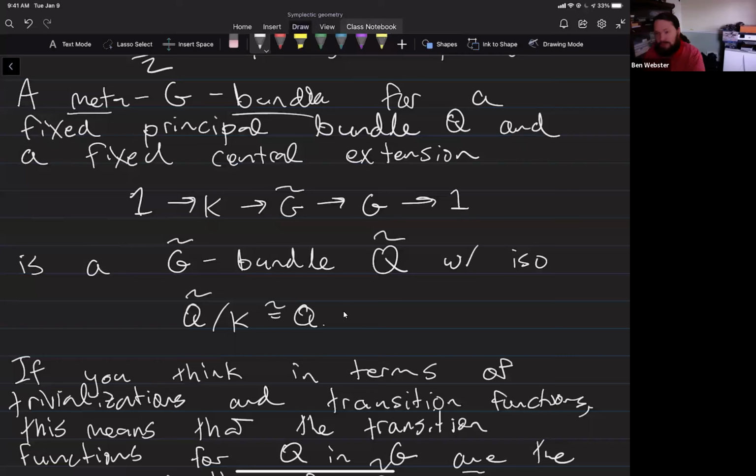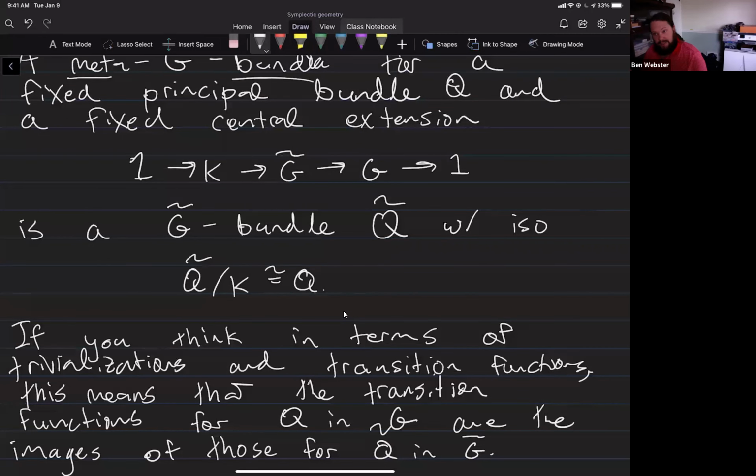I often find it useful to think about this in terms of trivializing your bundle over the open sets of a cover and then thinking about transition functions.